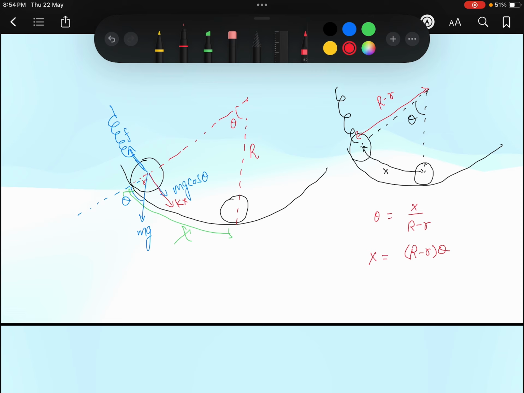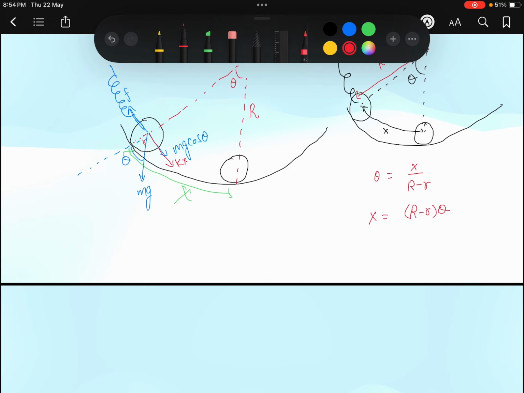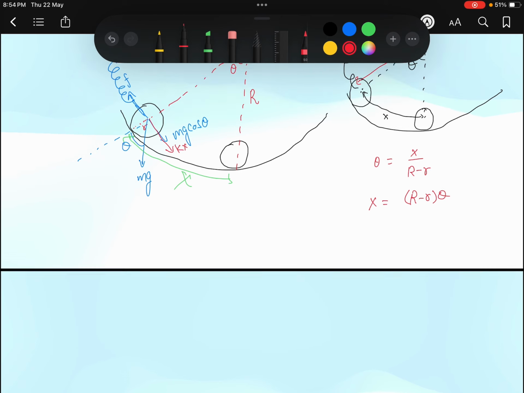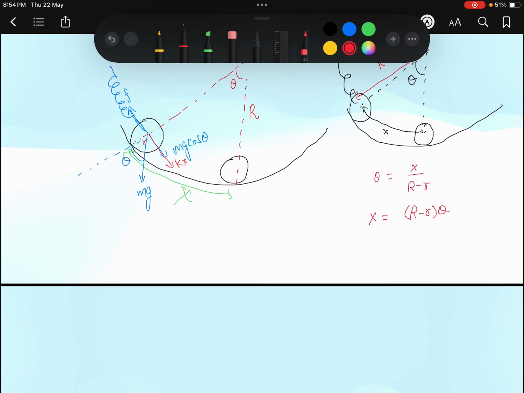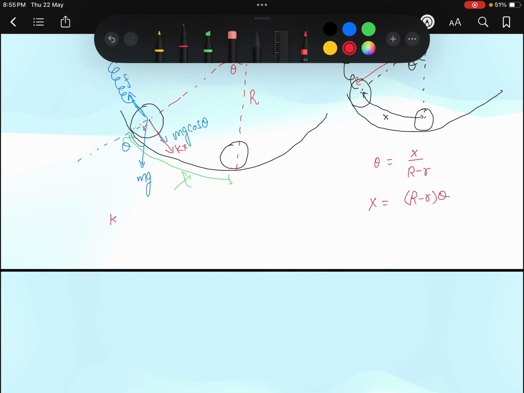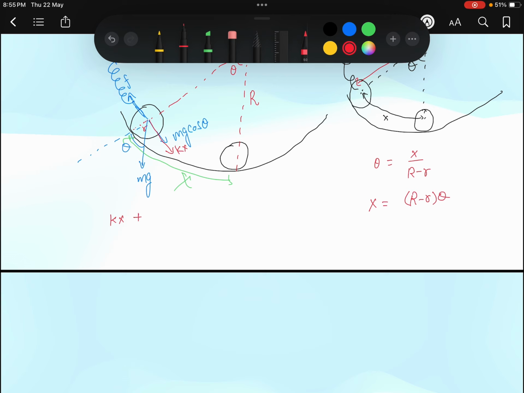Okay, so now we will write the equation of motion for this disk. One force is kx and mg cos theta are acting in this downward direction, and friction force is in the opposite direction. So this kx plus mg cos theta, sorry, this force is not mg cos theta, this is mg sin theta here.